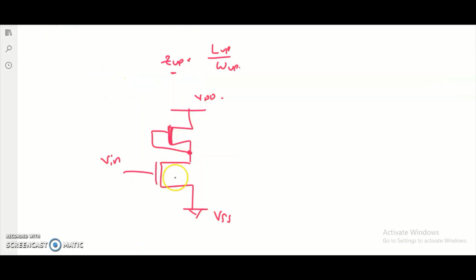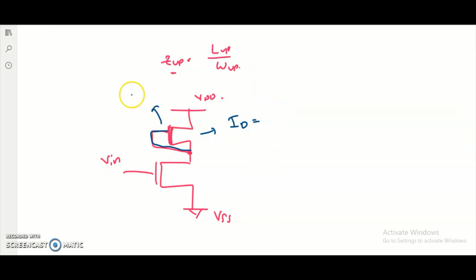Here it is the NMOS inverter driven by one more NMOS inverter, and it is a depletion mode NMOS inverter. As I told, in the depletion mode NMOS inverter, gate and source are both short circuited. That means this depletion mode NMOSFET is always in the on mode, or else always in the saturation mode. So if it is always in the saturation mode, then consider its drain current.